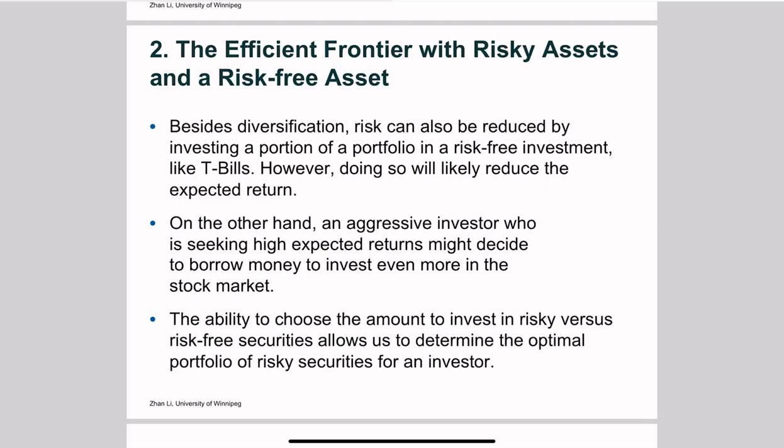You can imagine that if you don't like risk, or if you're a very conservative investor, possibly you will invest a large portion of your money into the risk-free asset. On the other hand, if you're young and very aggressive in taking risk, then possibly you will want to borrow money to invest in stocks, right?